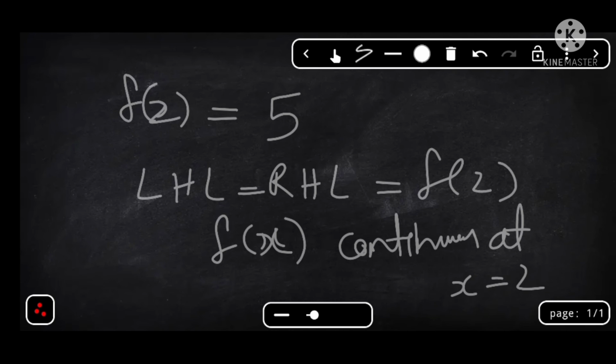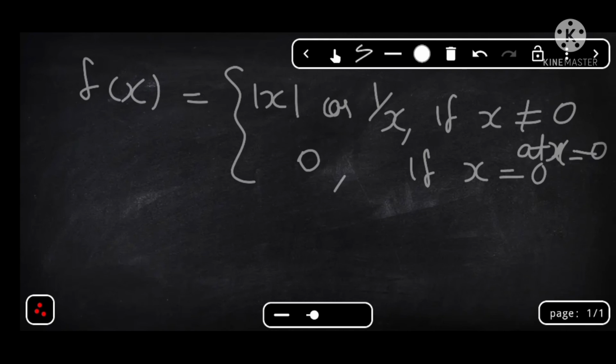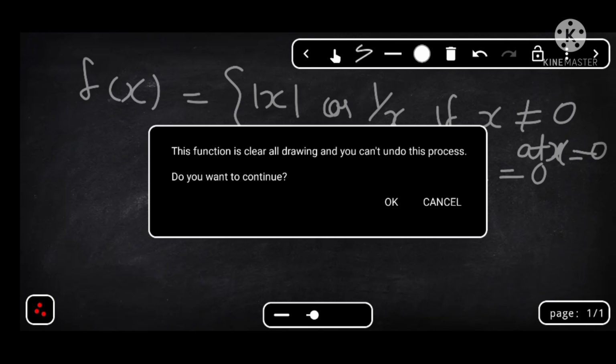Okay, this is our next problem. f of x equals |x| cos(1/x) if x is not equal to 0, and 0 if x equals 0. So we have to see whether f of x is continuous at x equals 0. Let's begin.